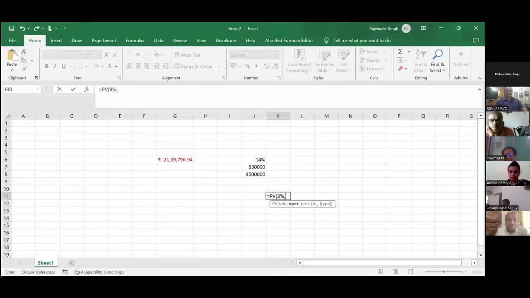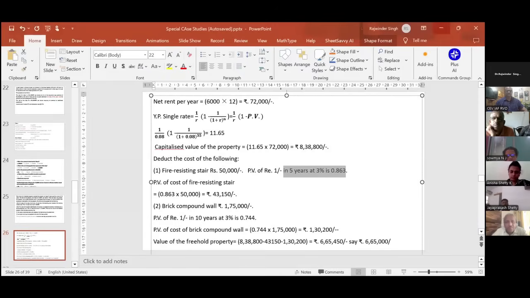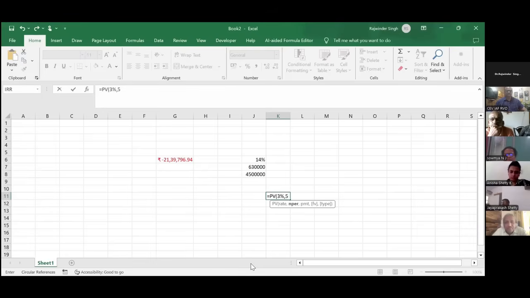Number of years is 5. What is PMT in this case? 0. 50,000 is the future value. Yeah, after 5 years, the value is 50,000.